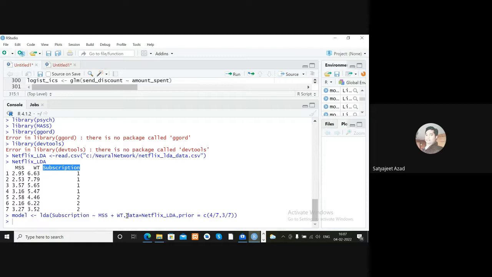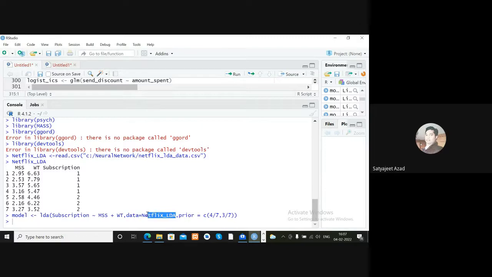And the data, the entire CSV, is saved into this Netflix LDA. That is why I have used Netflix LDA here, since my data is stored in Netflix LDA.